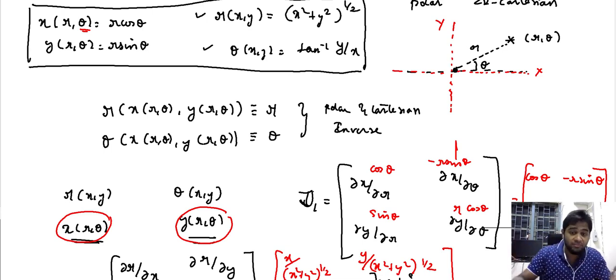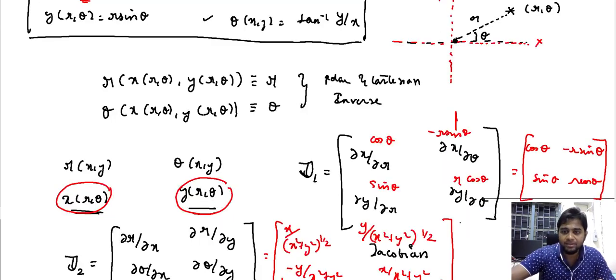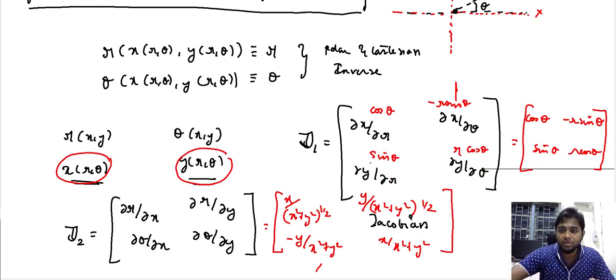When we expressed these partial derivatives in terms of the Jacobian, we were able to arrive at this matrix here, the first matrix, that is Jacobian 1, wherein we consider the partial derivatives of the Cartesian with respect to the polar. We arrived at this expression here in terms of r and theta.